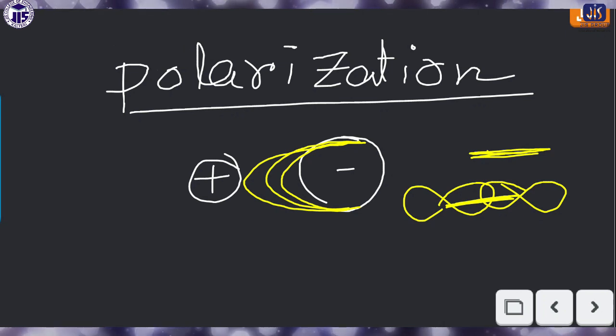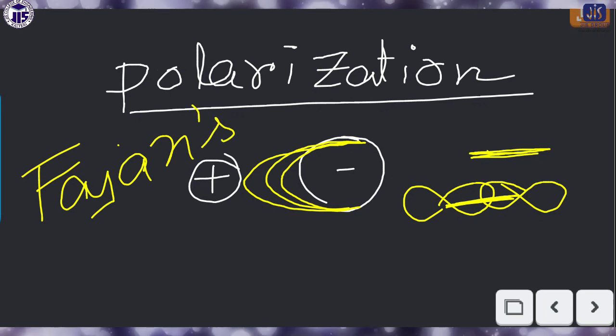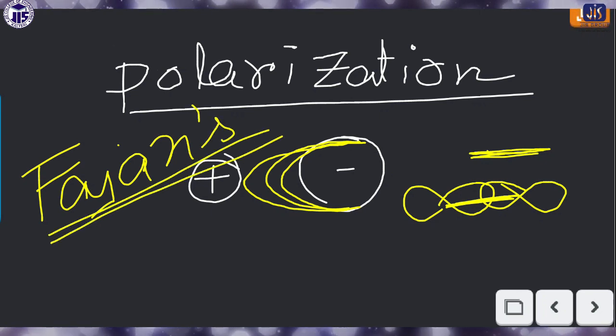So according to the theory of polarization, it is also Fajan's rule, named after the scientist Fajan. You have to keep in mind that polarization and Fajan's rule are interrelated. Fajan proposed one rule by which we can determine the chance or the percentage of the covalent character in a particular compound.